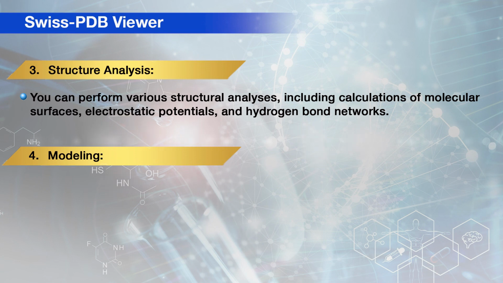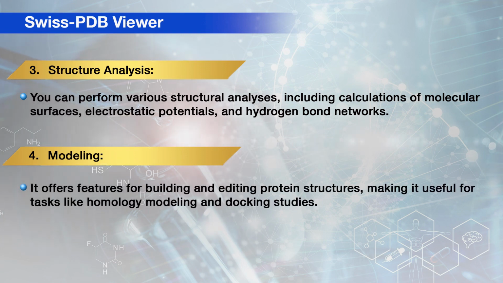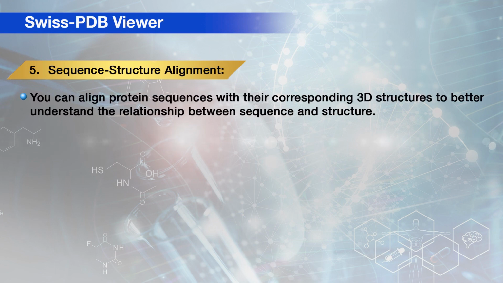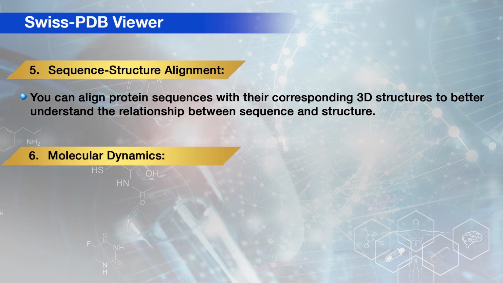Fourth is modeling. It offers features for building and editing protein structures, making it useful for tasks like homology modeling and docking studies. Fifth is sequence structure alignment. You can align protein sequences with their corresponding 3D structures to better understand the relationship between sequence and structure. Sixth is molecular dynamics.